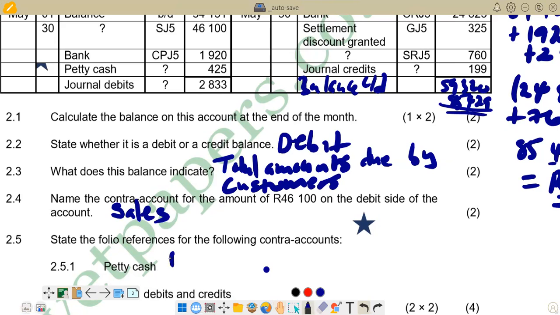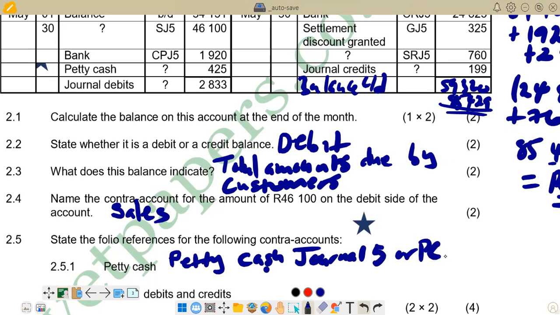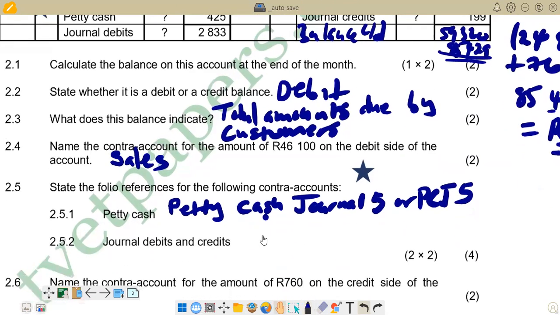Petty cash journal, and then we can put a 5 in front of that. Or alternatively, you can just put it in abbreviations by saying petty cash journal in abbreviations, then you put your indication there. So that's what we have in terms of 2.5.1. Then we go to the next one.